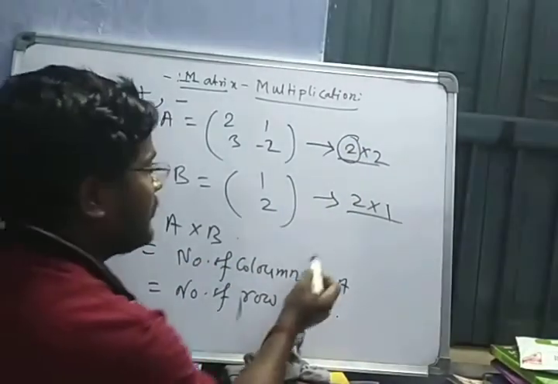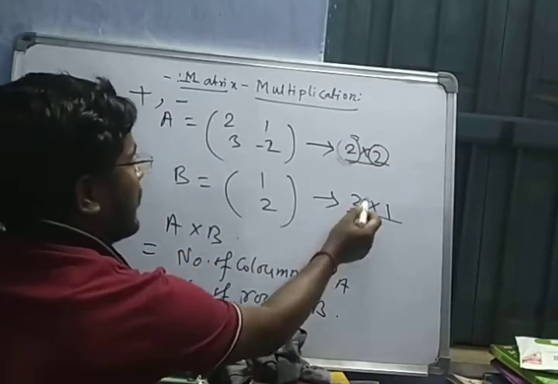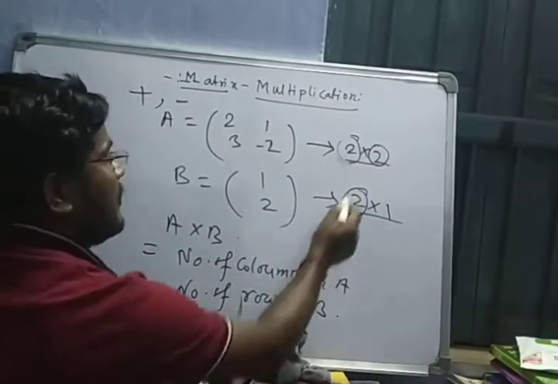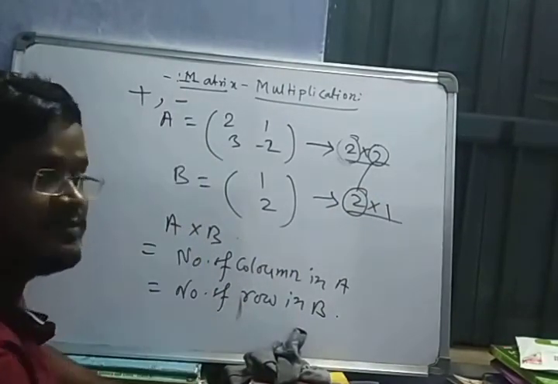And the number of rows in B is 2. Both are equal, therefore we can say that AB is possible.